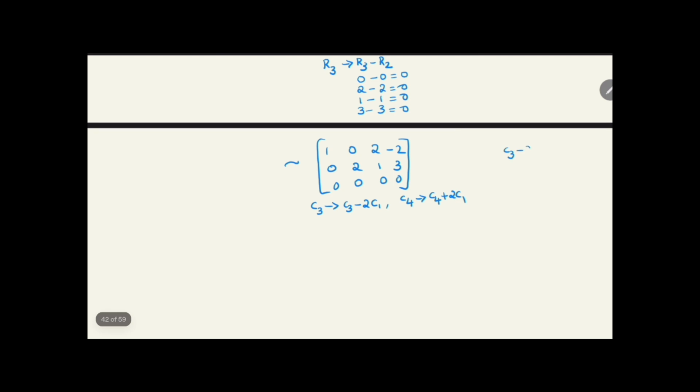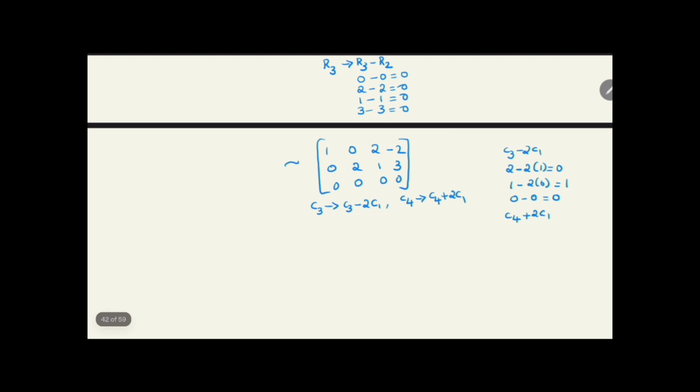Okay, I'll perform it here, students. C3 minus 2C1 first. What is the first element of C3? It is 2. 2 minus 2 into the first element of C1, which is 1, so it is 0. Now the second element of C3 is 1 minus 2 into 0, which is 1. The last element is 0 minus 0, which is 0. Next I will take C4 plus 2C1.